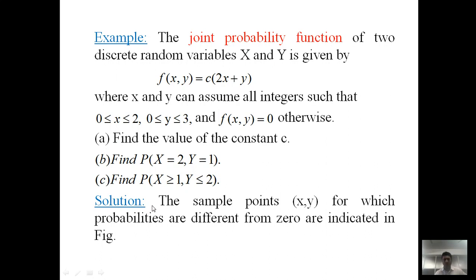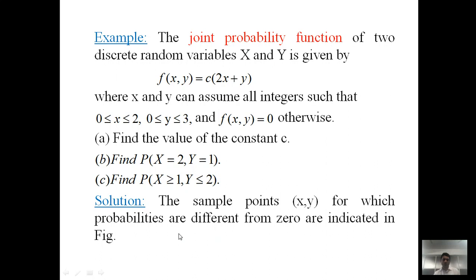Solution. Consider the sample points xy for which the probability is different from 0. Here we just have to discuss the range where x is 0 to 2 and y is in the range 0 to 3, where the function takes this value, but when the points are outside this range, the probability is 0.